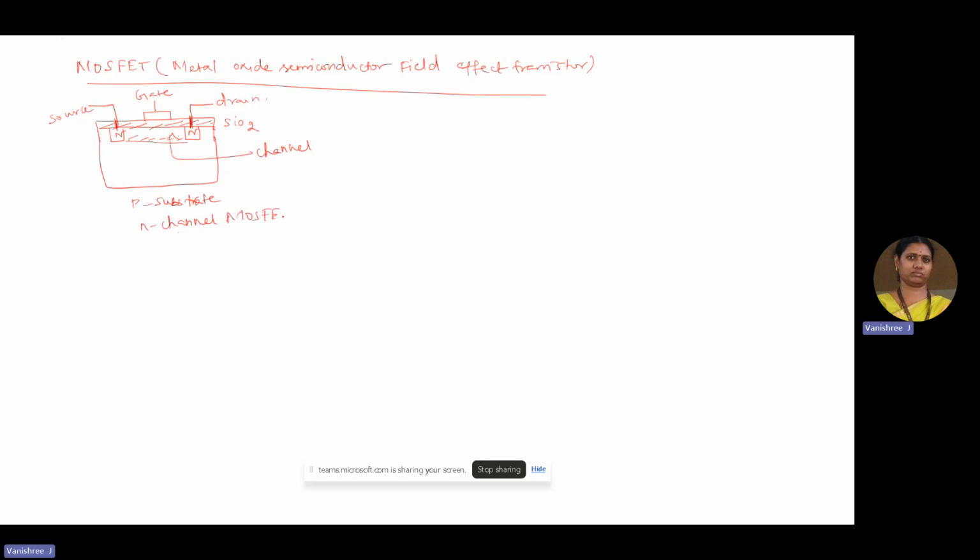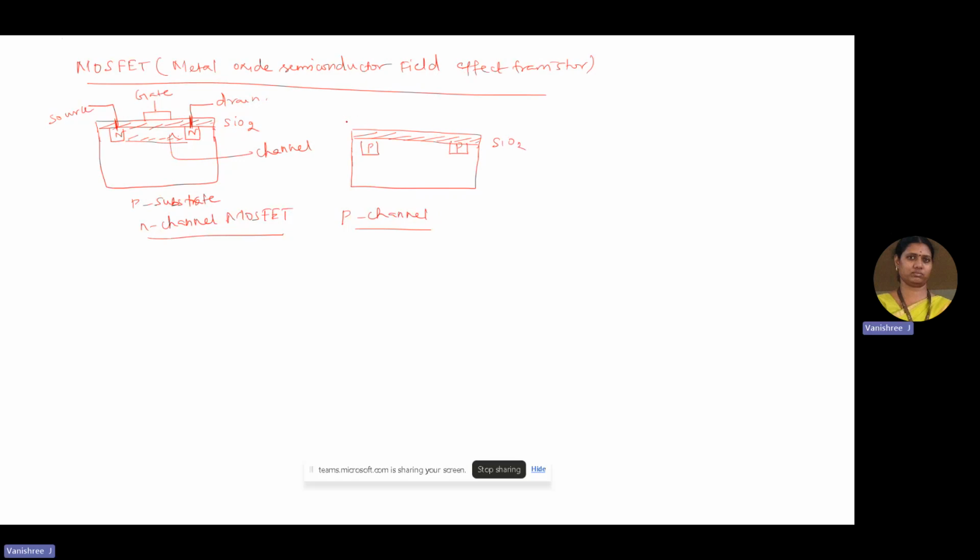In the same way we can imagine a P-channel MOSFET. If it is a P-channel MOSFET, then the substrate is of N-type, and the regions that are immersed on either end are P-type regions, and a silicon dioxide layer is grown throughout the region, and this is the SiO2 layer.